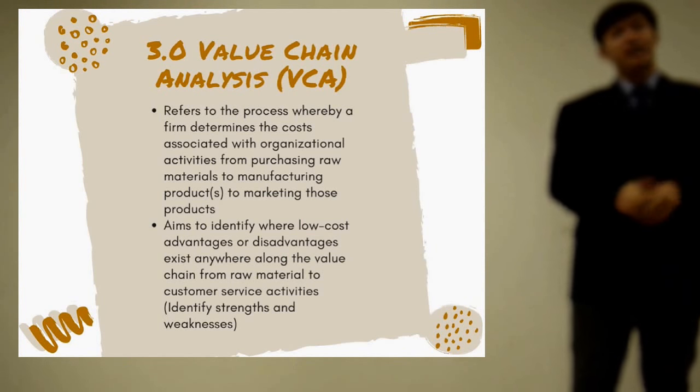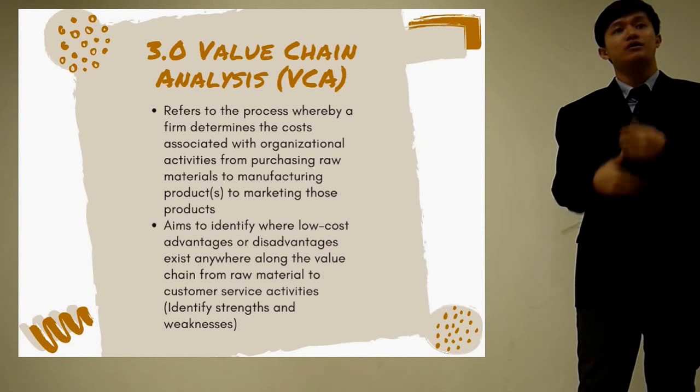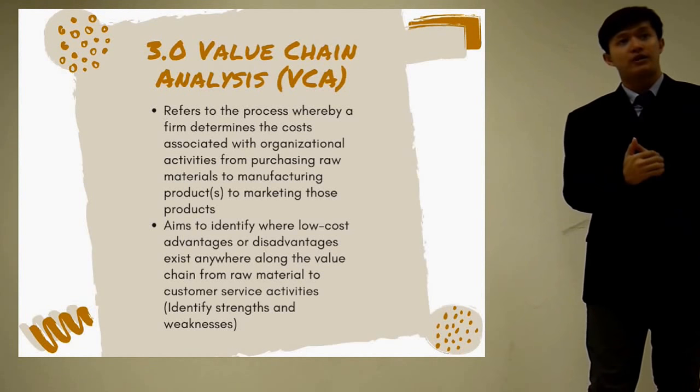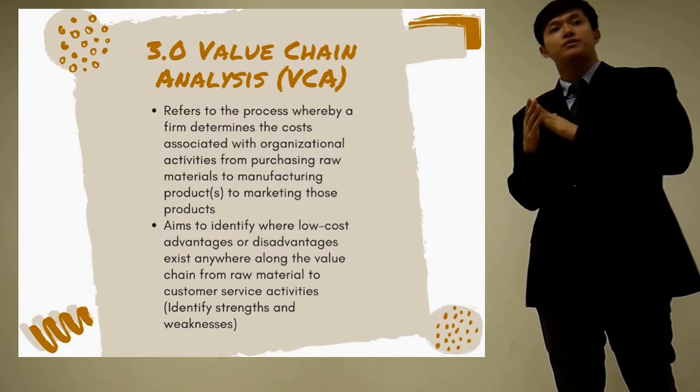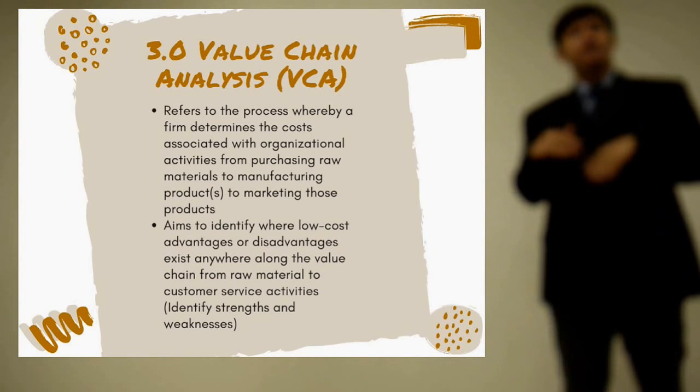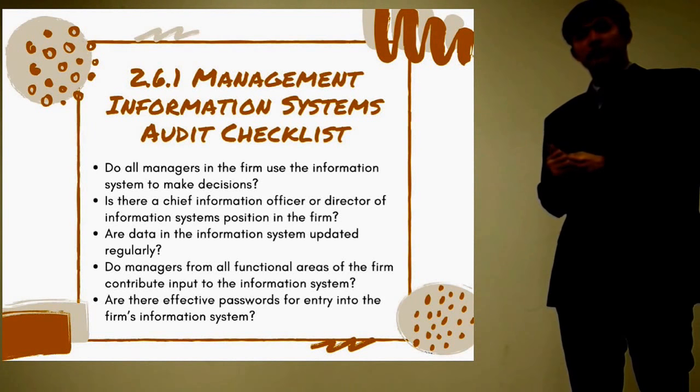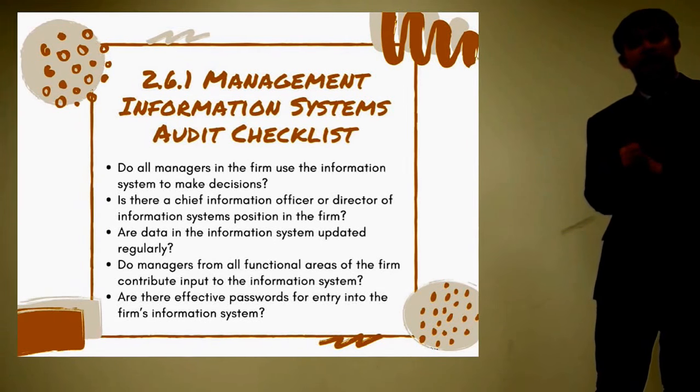It's aimed to identify where low cost advantage or disadvantage exists anywhere along the value chain, from raw material to customer service activities. Identify also strengths and weaknesses. And the next one is transforming value chain activities into sustained competitive advantage.